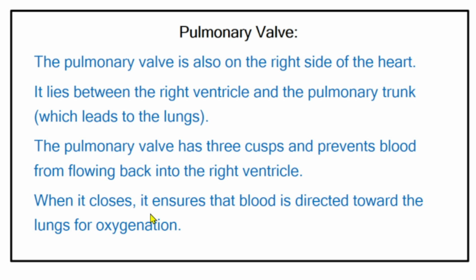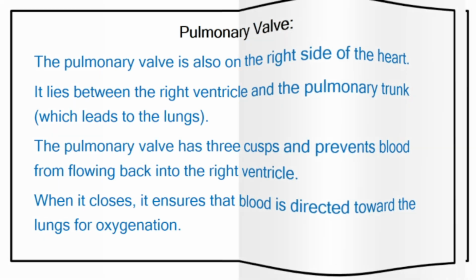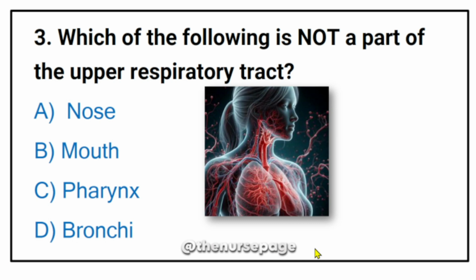When it closes, it ensures that blood is directed towards the lungs for oxygenation. So deoxygenated blood is carried from the right ventricle to the lungs by the pulmonary artery. The backflow of deoxygenated blood is prevented by the pulmonary valve. So here I have explained four kinds of valves.